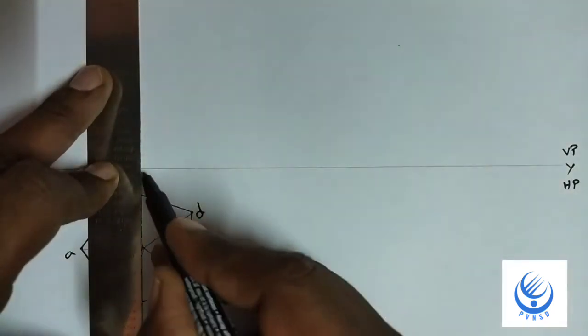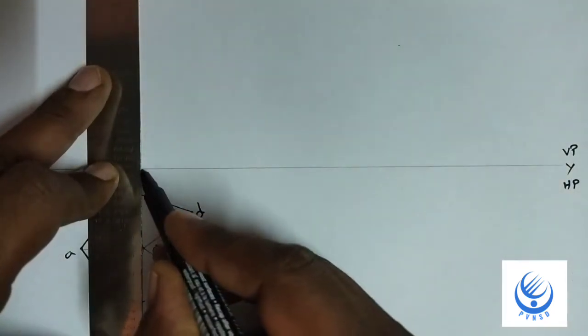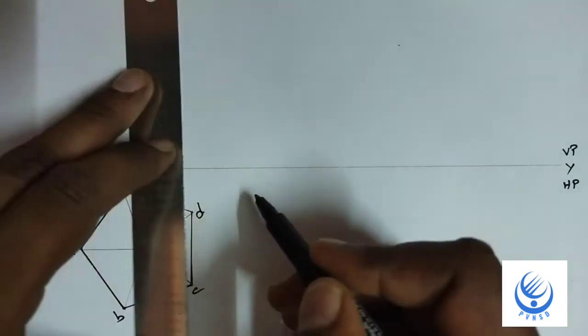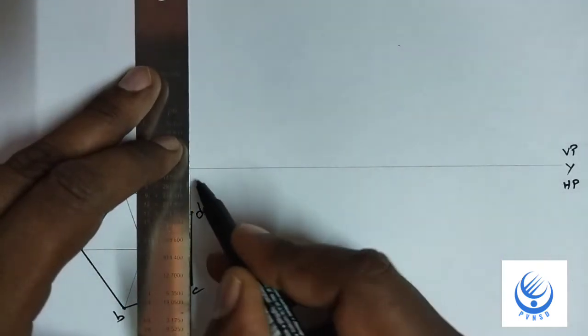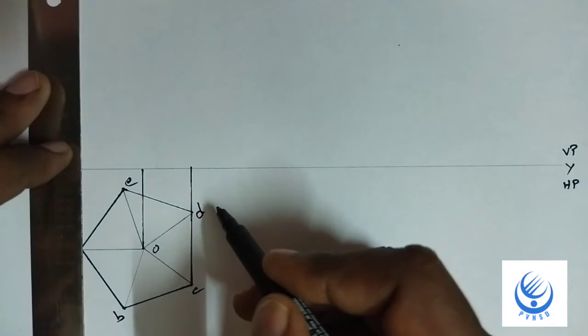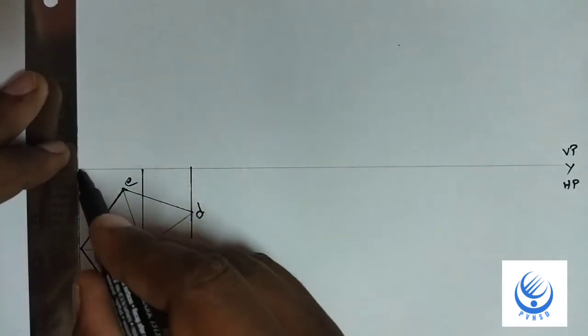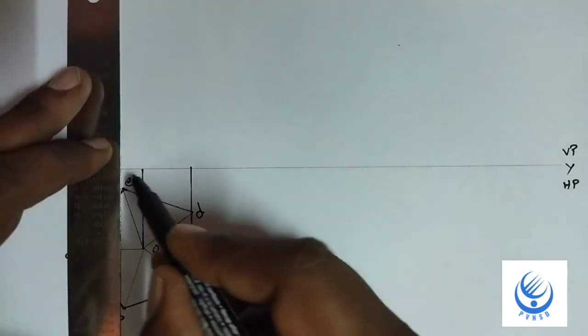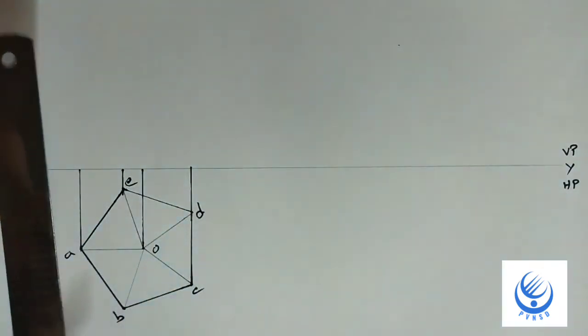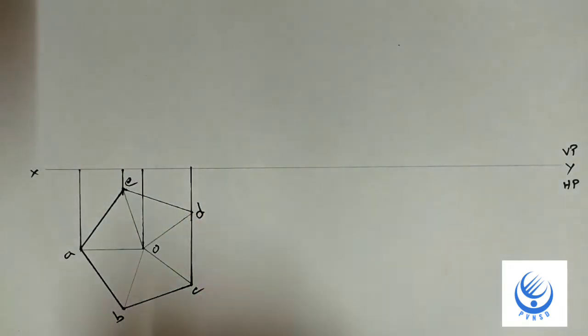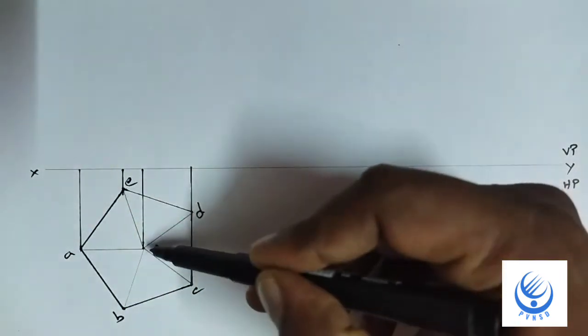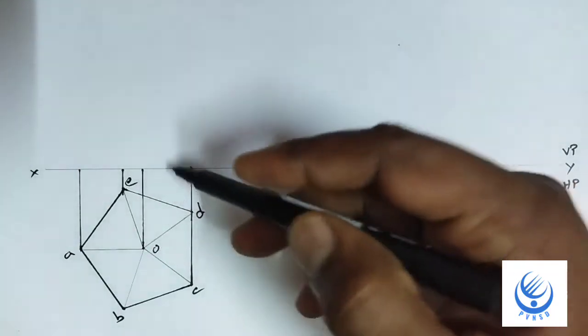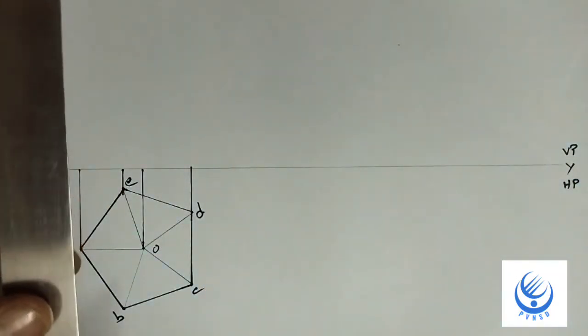Each point is extended up to the reference line. Then O is the center of the pentagon. Next, draw the center axis line.